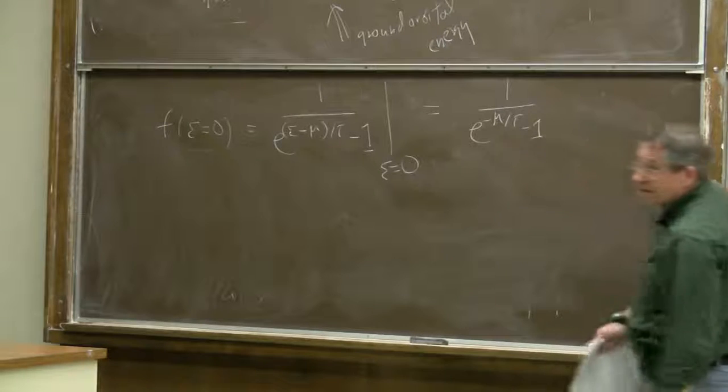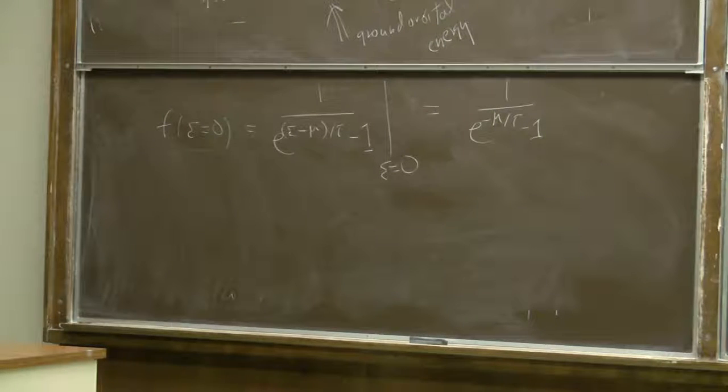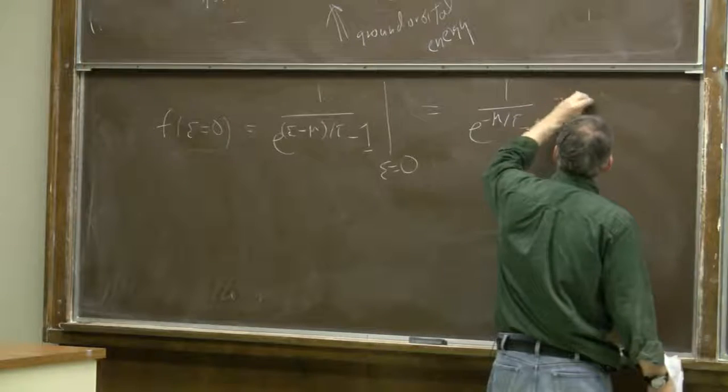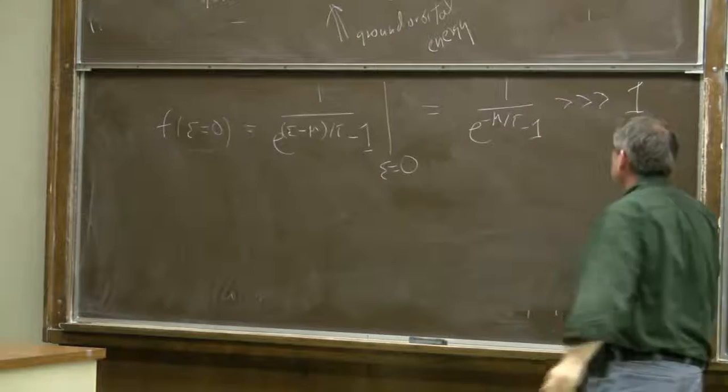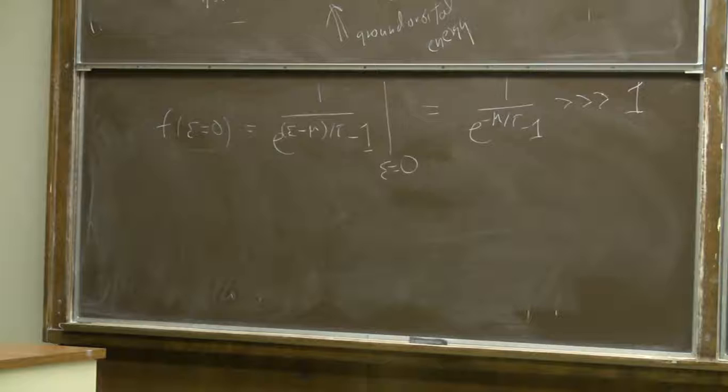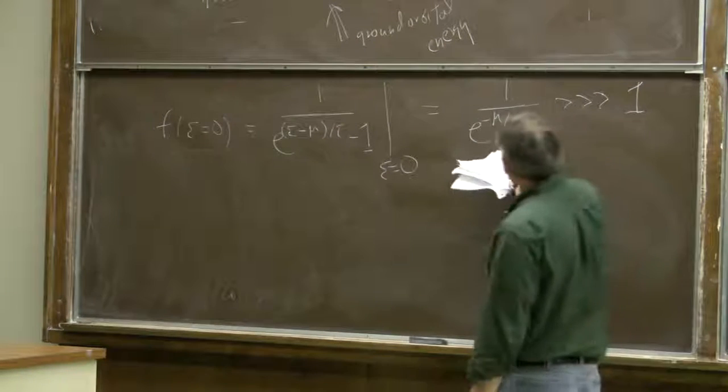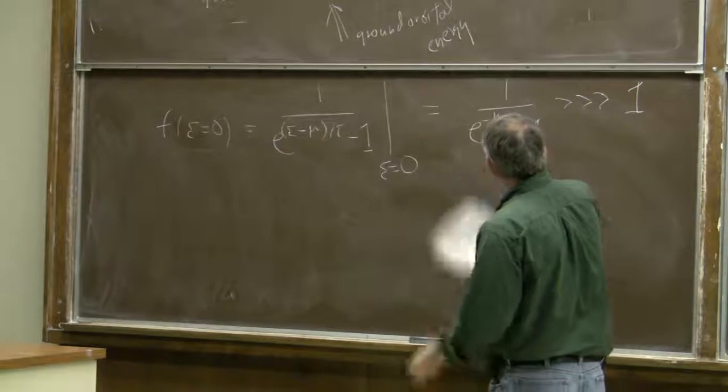We want to consider the case in which this is a huge number. We consider a very large system with a finite fraction of all the particles in the ground orbital. So that means this is much bigger than 1. It's 10 to the 22 or something like that. So that means that the chemical potential must be extremely close to 0. Okay? So, in other words, the denominator has to be very close to 0.